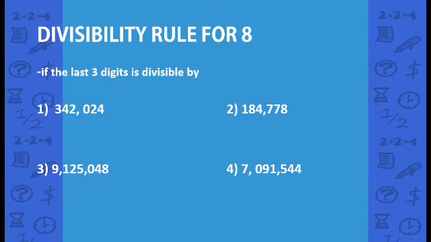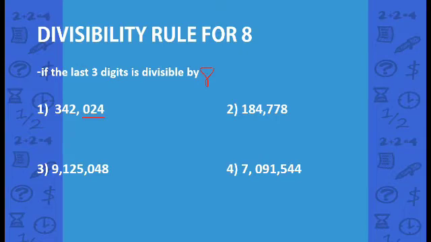Now, let's move on to divisibility rule for 8. How can we know if the number is divisible by 8? Simply, if the last three digits is divisible by 8. So, number 1. 342,024. Ang huling tatlong digit ay 024.